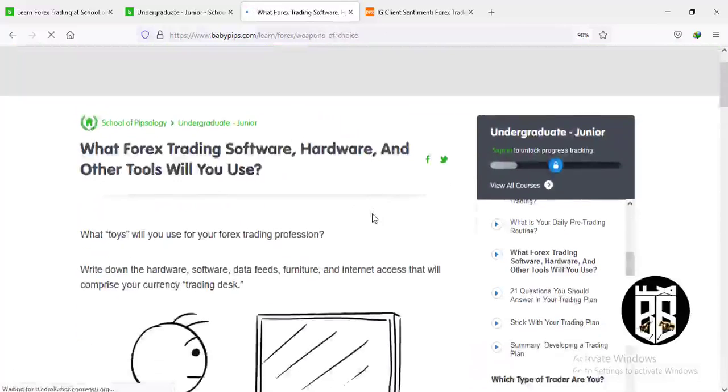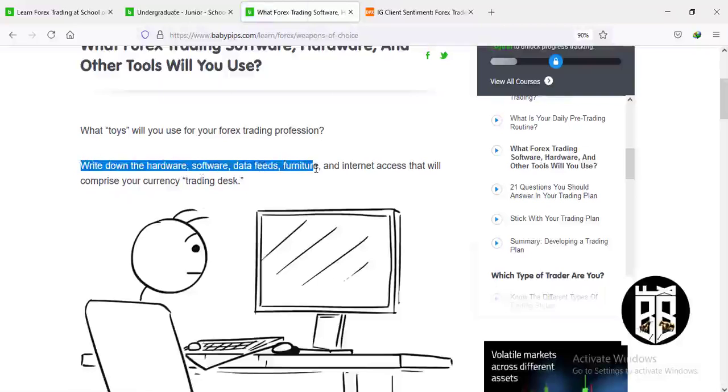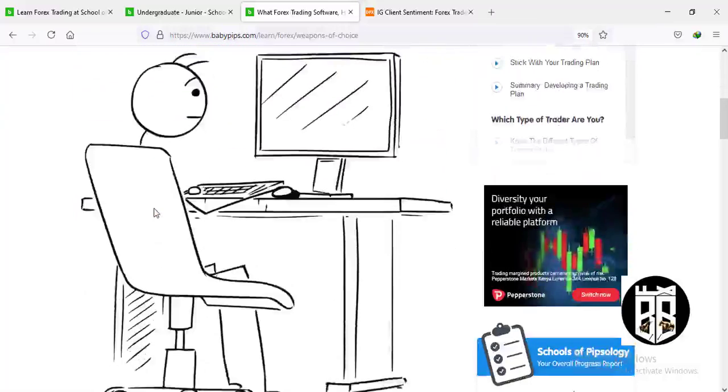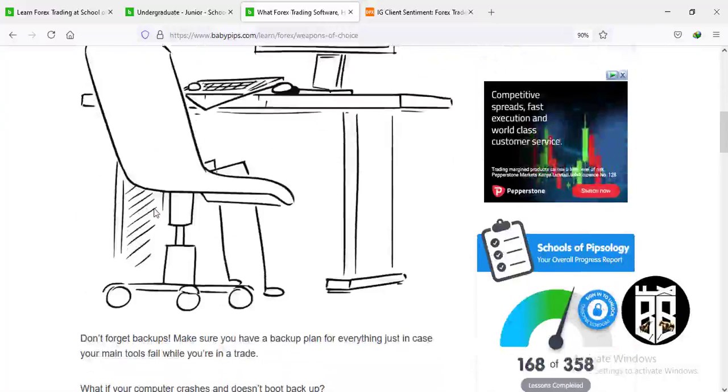In this section, what we are learning is that you should be able to write down the hardware, software, data feeds, furniture, and the internet access that will comprise your currency trading desk. Put all this information together, and they make up your trading desk.